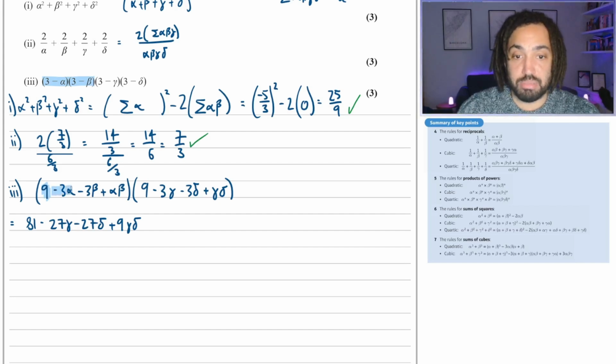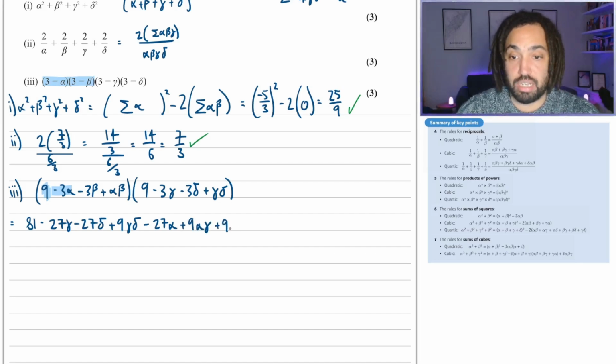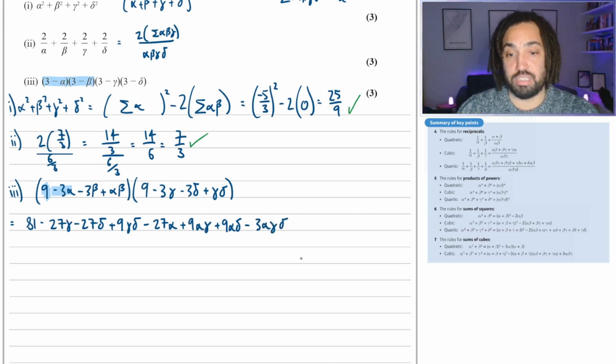Okay, now let's times it by minus 3 alpha. So that's going to give me minus 27 alpha plus 9 alpha gamma plus 9 alpha delta, and then minus 3 alpha gamma delta. Great, halfway there.